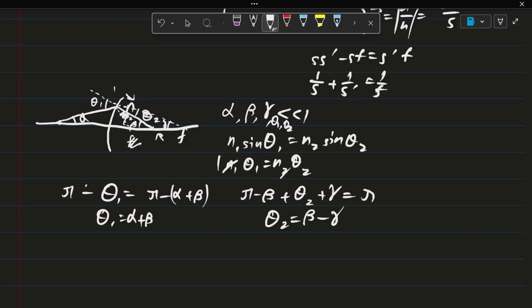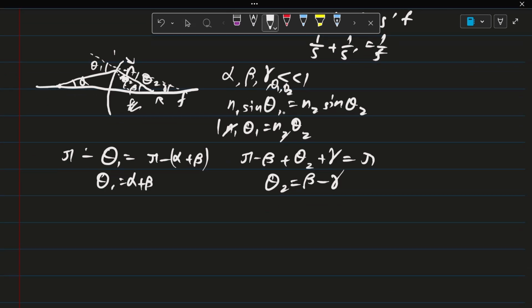Now, you could substitute the value in, or you could just figure out what's the alpha and the beta and the gamma. Alpha, beta, and gamma are small angles, which means that we could just approximate this by using tangent of alpha, tangent of beta, and tangent of gamma. So what's the tangent of alpha? If we state this to be our height, h, we could get h over s, s is this distance.